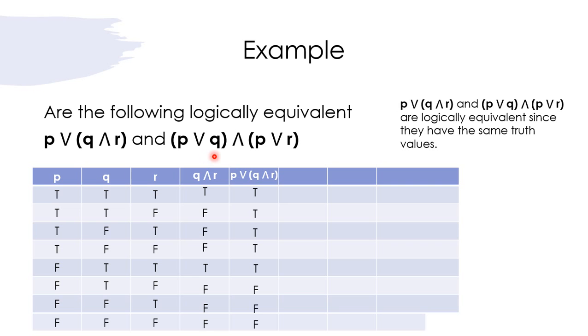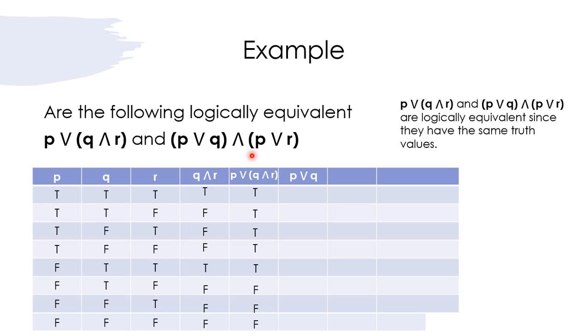Having done that, we can now focus on the second statement, P or Q and P or R. We break it down, we focus on P or Q. We need to know what P or Q is first, and we also need to know what P or R is, after which we can take the conjunction of both.